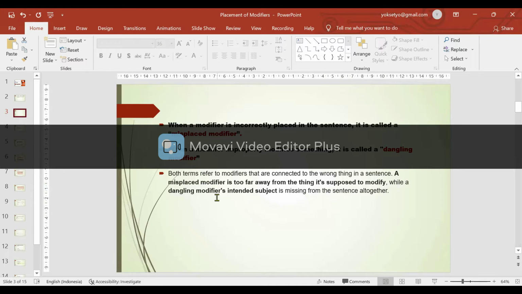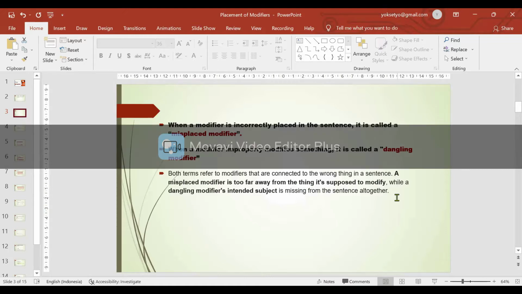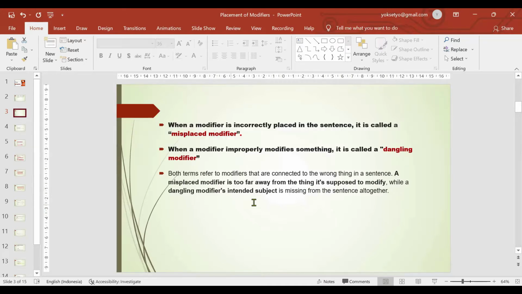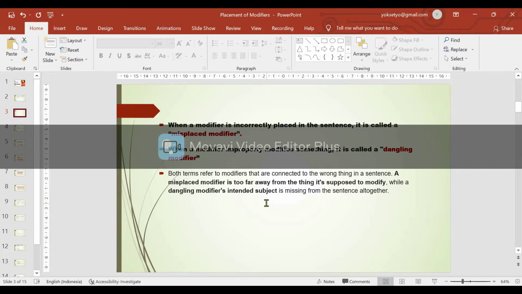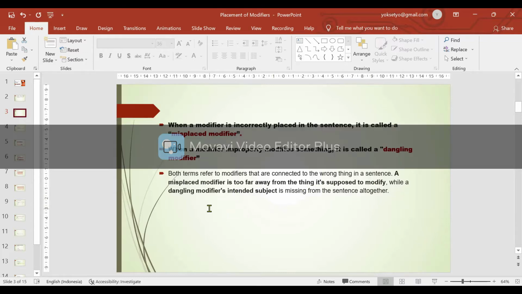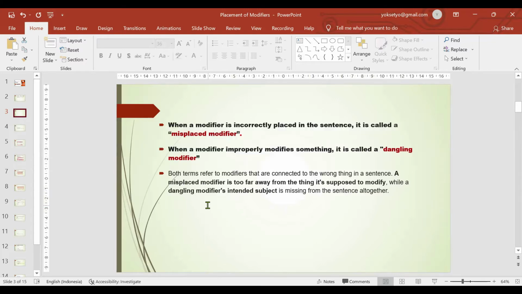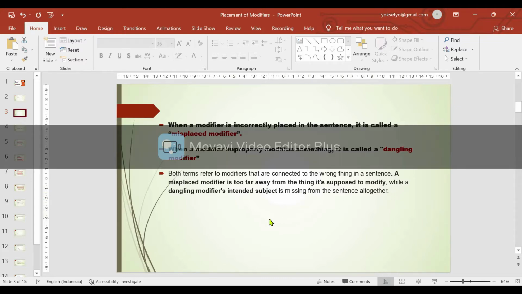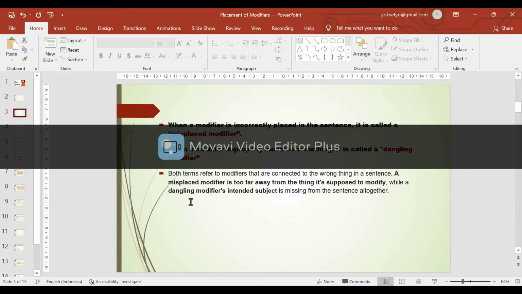A misplaced modifier is too far away from the thing it is supposed to modify, while a dangling modifier's intended subject is missing from the sentence altogether. That is the difference.